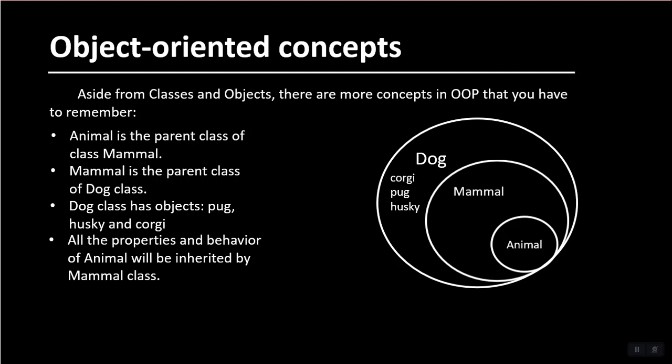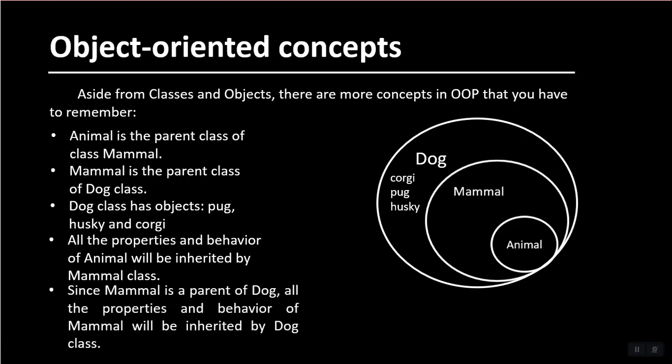So all the properties and behavior of animal will be inherited by the mammal class. So as you can see here, that's why it is enclosed inside the mammal class. Meaning to say, all the present properties and behavior of animal is also available to mammal class.